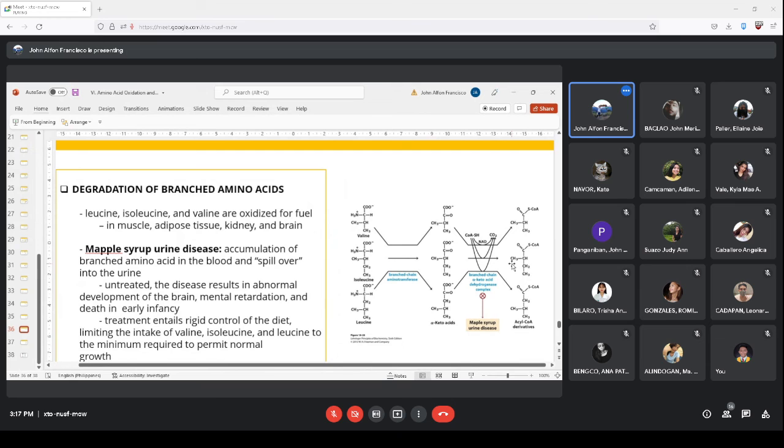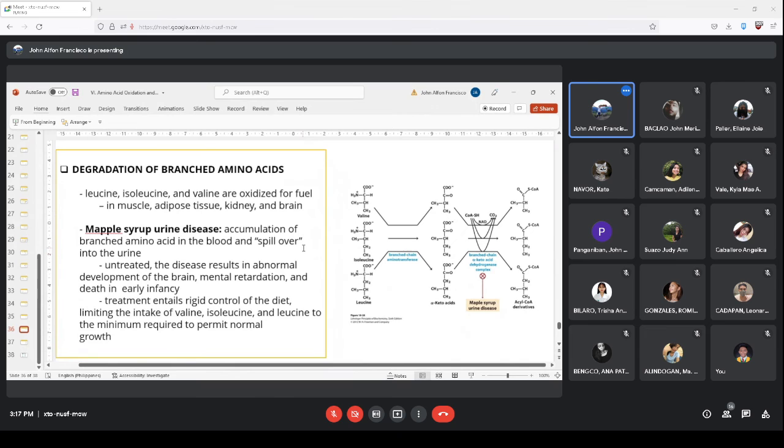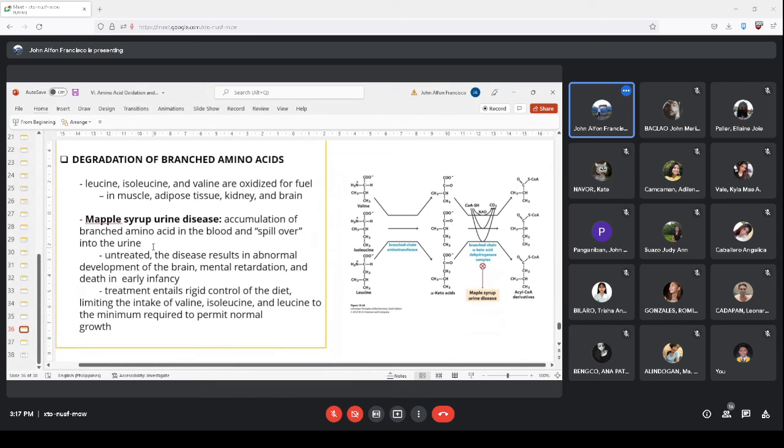When they are not converted to these specific starting precursors or acyl-CoA, acetyl-CoA, they can accumulate and give abnormalities in the blood. Specifically, it is maple syrup urine disease, accumulation of branched-chain amino acids in the blood and spill over into urine.